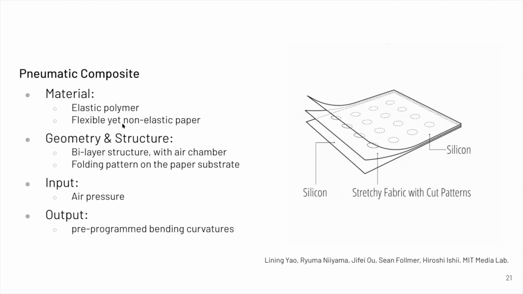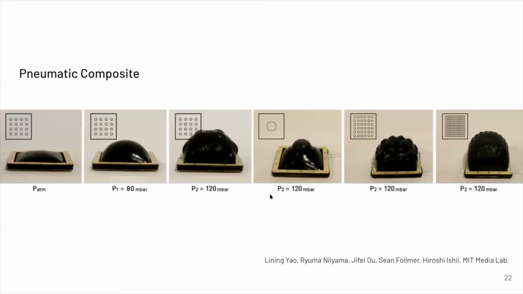So in this case, the material is just silicone and fabric. The geometry is what I call folding pattern on the paper. Sorry, cutting pattern on the fabric substrate. Sorry for the typos. And the input is air pressure, and the output, now, instead of a bending, we're talking about pre-programmable bending curve, programmable surface textures.